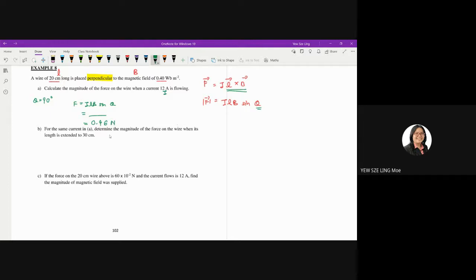Very simple. This is a straight conductor question, so you just apply the equation for a straight conductor, because a wire represents a straight conductor.